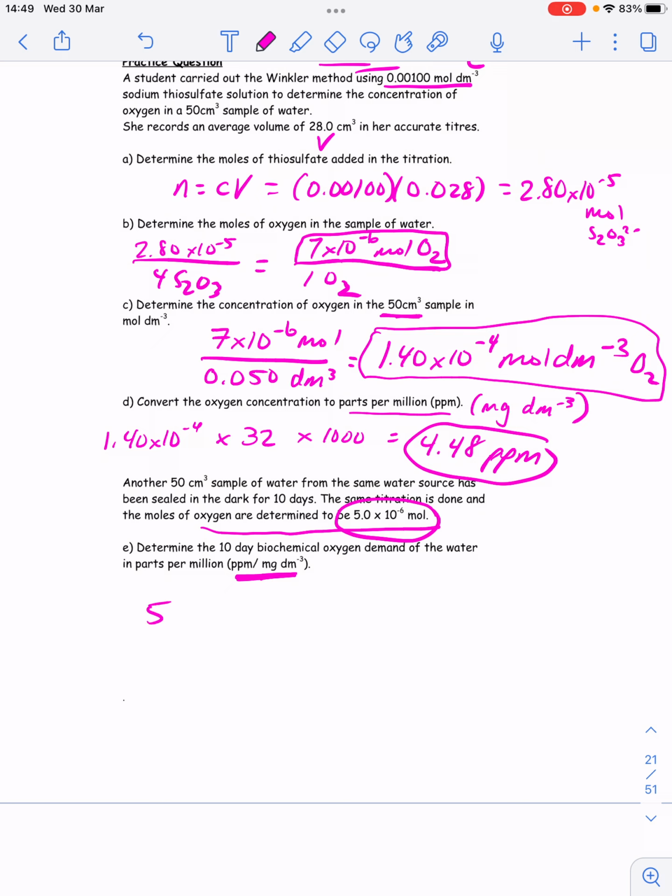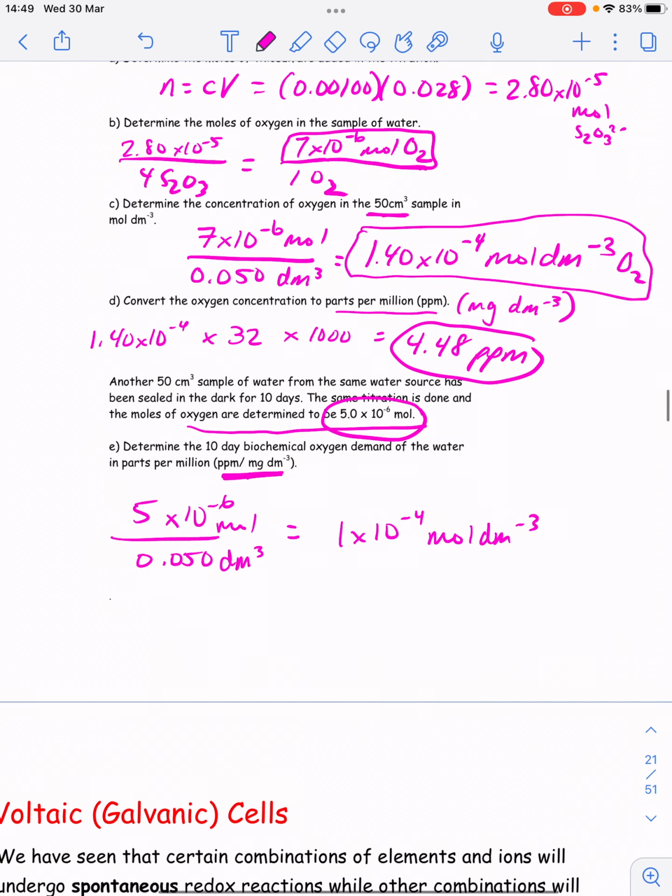So 5 times 10 to the minus 6, that's the moles divided by 0.050 dm cubed, and we get 1 times 10 to the minus 4 mole per dm cubed. Then to convert it to ppm, it's times molar mass times 1,000, and I get 3.2 parts per million.